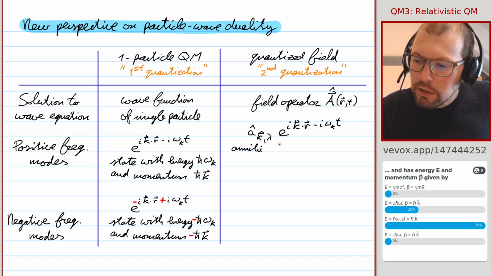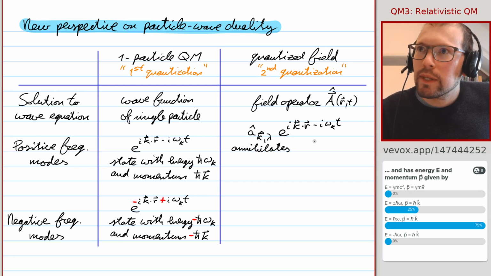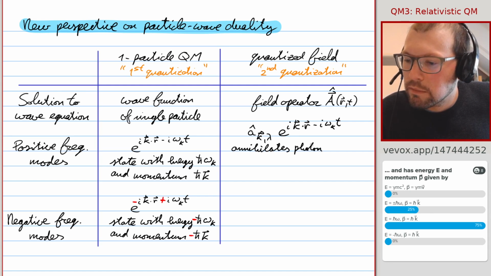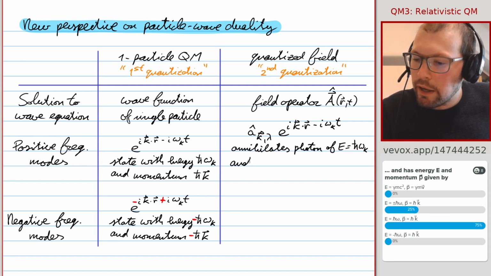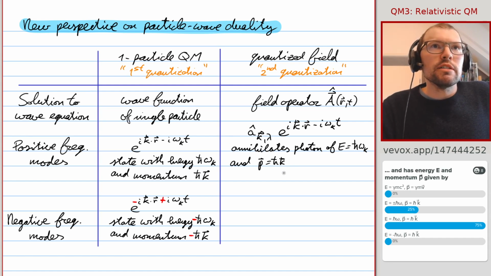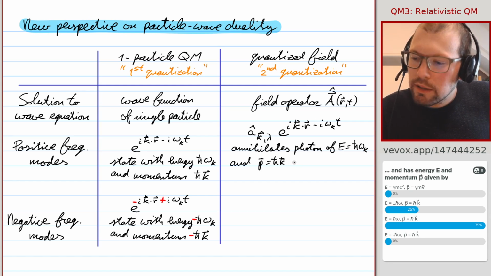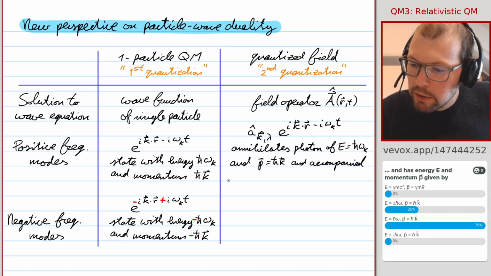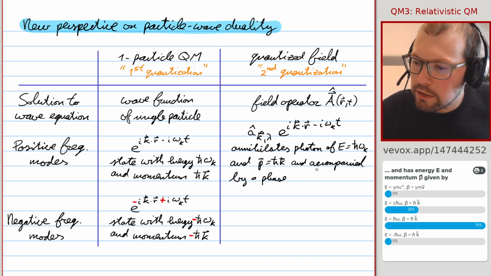By our particle interpretation, this annihilates a photon of energy h bar omega k and momentum h bar k. And it's simply accompanied by a phase in this operator A.